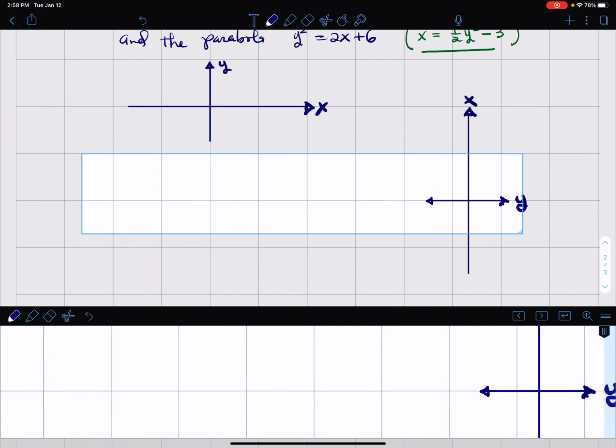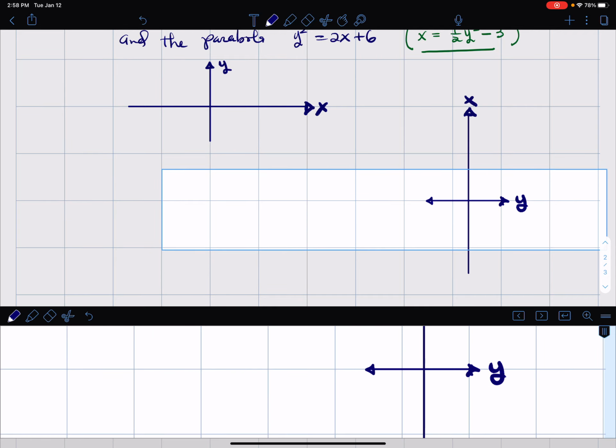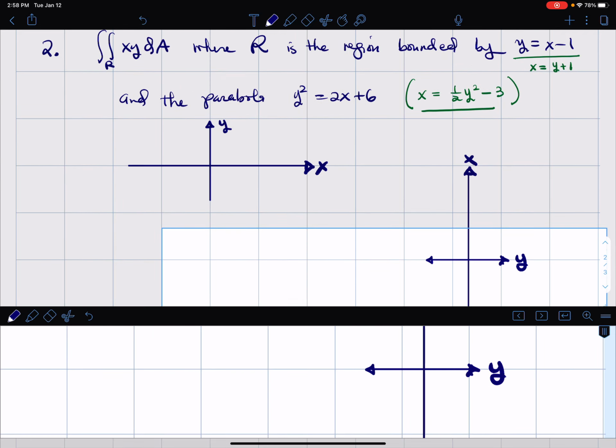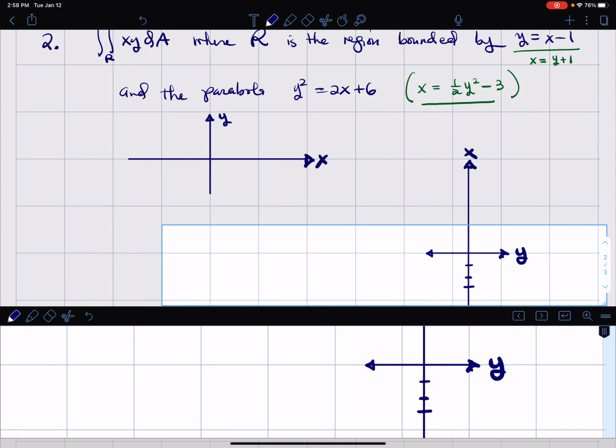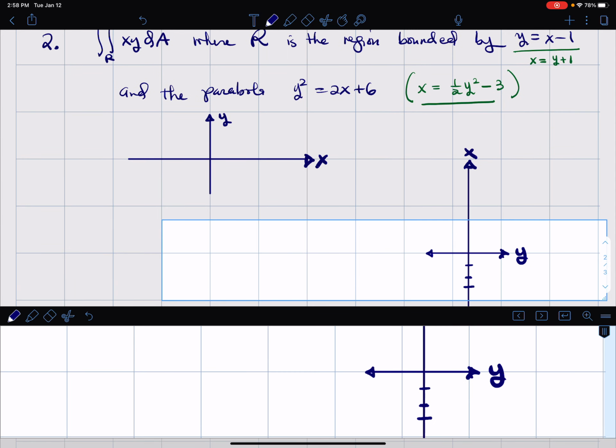If we sketch this function, it's just going to be a parabola whose vertex is at -3 on the x-axis, something like this. Okay?